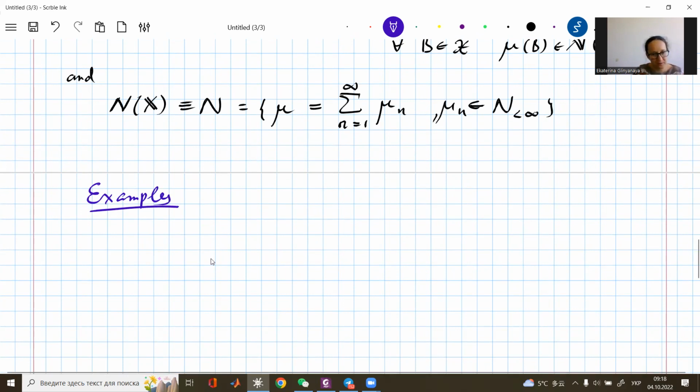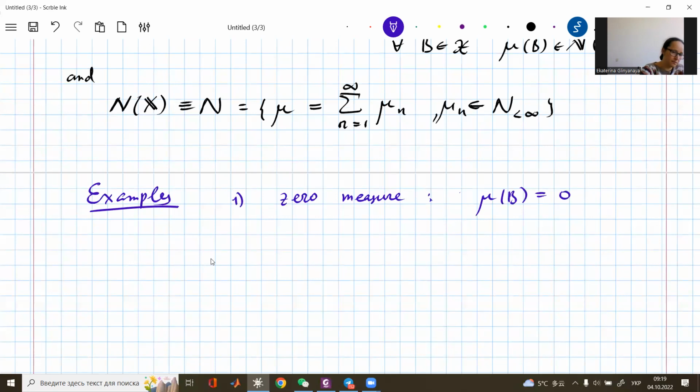The most simple example, of course, is the zero measure, that is, for every subset B, it is 0. The next simple but not so trivial example is called the Dirac measure at point x.